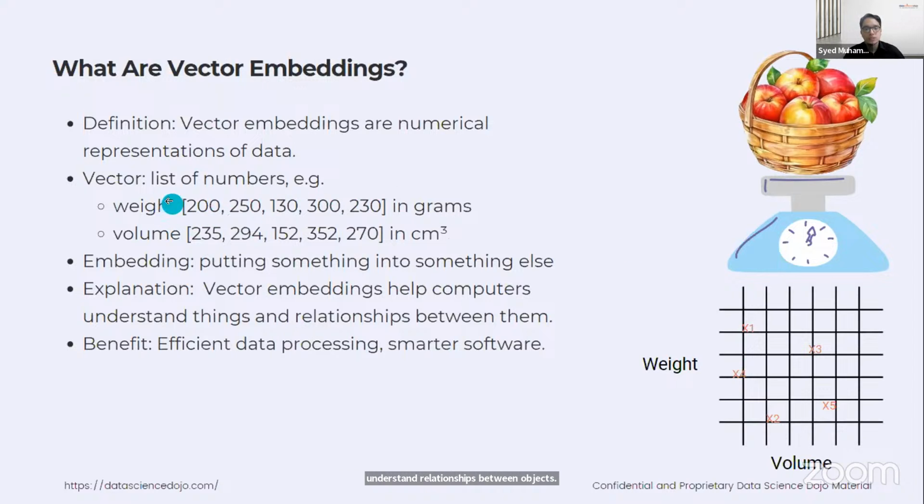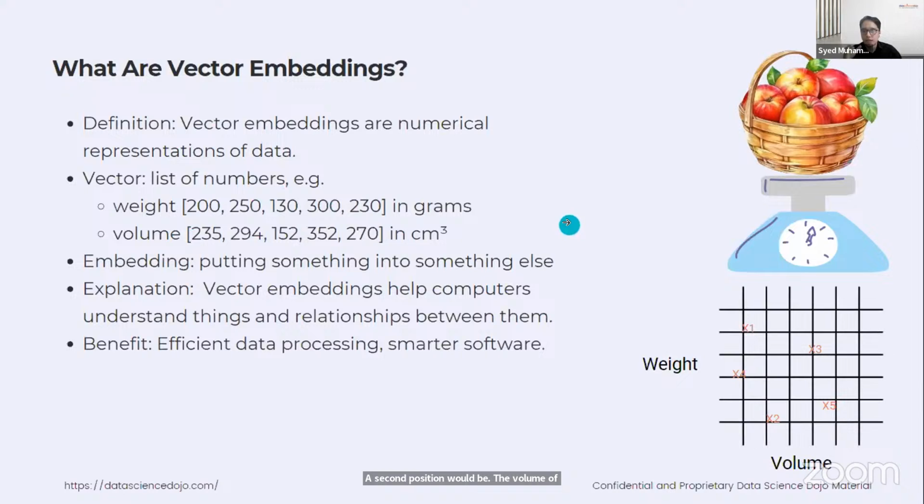So suppose that you had individual vectors for each of these apples instead of the whole weight vectors and volume vectors. How would they look? How would a single apple vector look using this given information? It would look something like 200 comma 235, where the first position would be the weight of that apple, and the second position would be the volume of that apple.